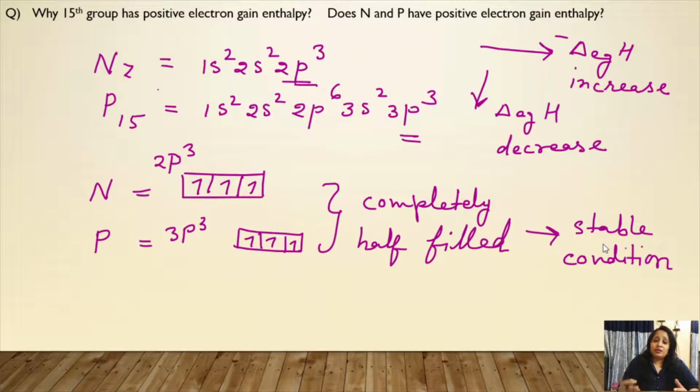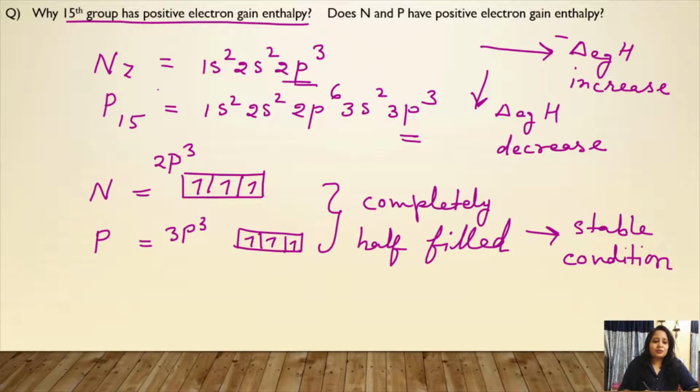So it is very difficult to add an electron to the group 15 element. That's why we need to give some external energy to add that electron, and that external energy means the positive electron gain enthalpy. Concept clear? So that's why we can say group 15 has positive electron gain enthalpy. Understand? Because the energy we need to give is because of the half filled orbital.